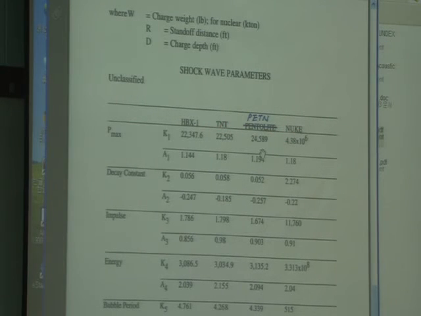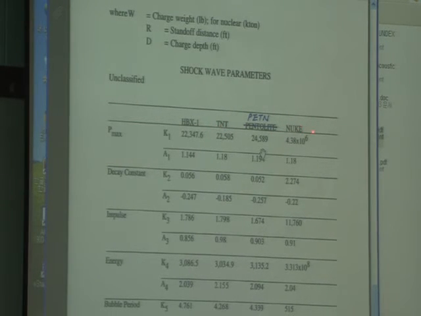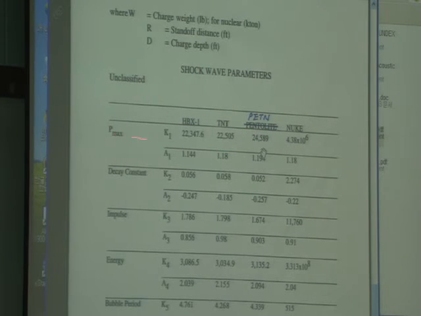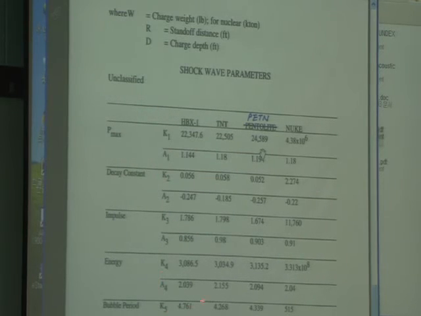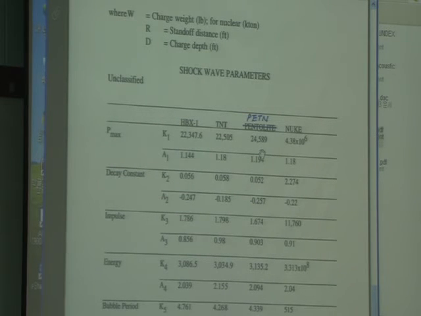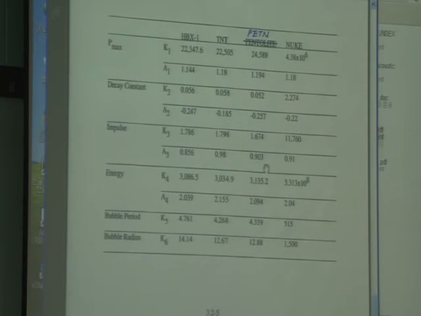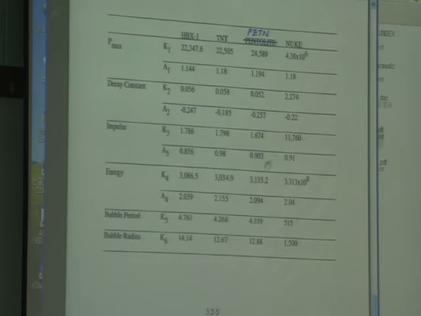And nuke is nuclear. And this constant is very valid for nuclear, but we are not going to be concerned about it. So this is the set of parameters for Pmax. This is a really very good table. It's all unclassified constants, okay?